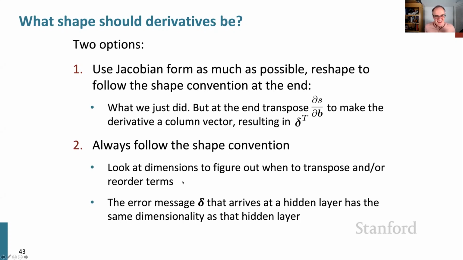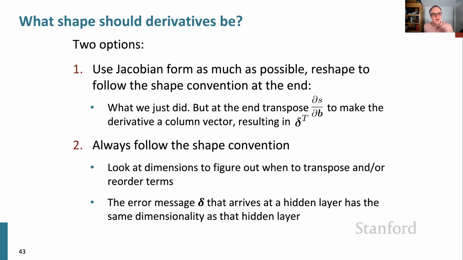And that's kind of what I did when I was working out dsdw. I didn't fully use Jacobians. I said, when we work out dz, let's work out what shape we want it to be and what to fill in the cells with.